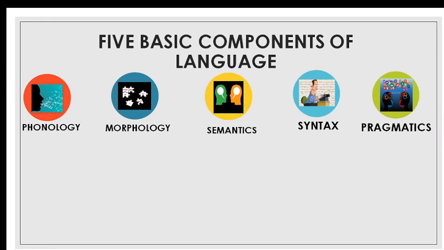If we talk about the first one, that is phonology, and break this word into two, that is phono and logy. Phono means related to phonemes. And what are phonemes? Phonemes are the basic speech sounds. The study of how speech sounds are produced, and what their physical properties are, is called phonetics.